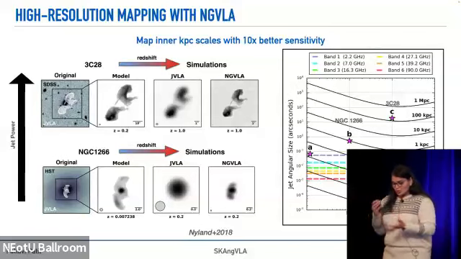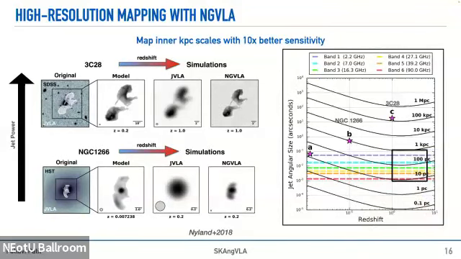So I just wanted to highlight the ngVLA's role in revolutionizing the high-resolution, resolved mapping of radio lobes or radio structures in the case of young radio AGN. Here is a figure taken from Christina's white paper, talking about ngVLA's role in AGN feedback.